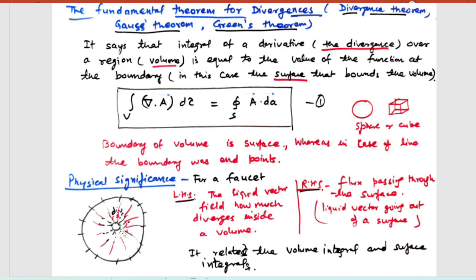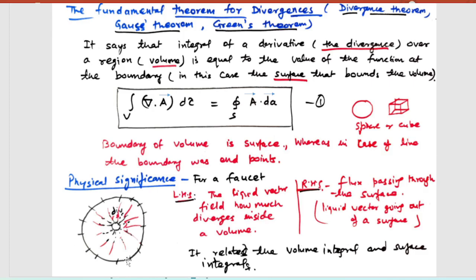We can see that if we have a small volume dV, and a vector field is coming out of it, it will be the divergence of this function, so how much the vector field diverges inside a volume. How much divergence this volume dV or d tau gives should be equivalent to the flux passing through the surface.